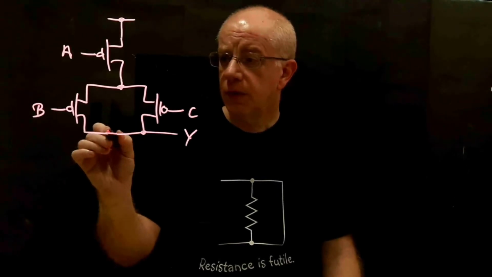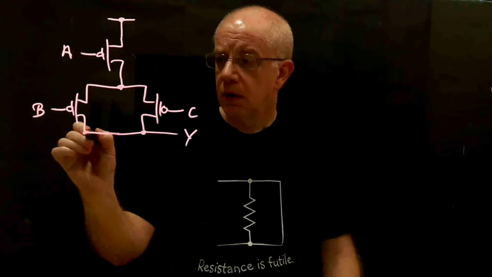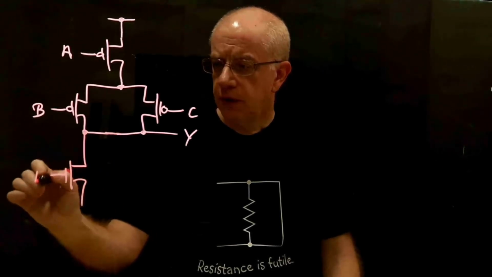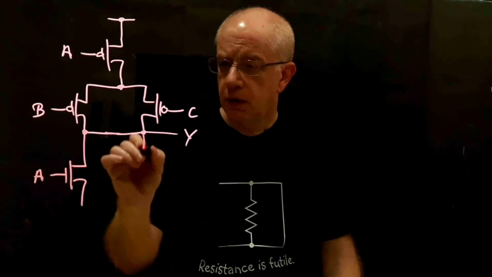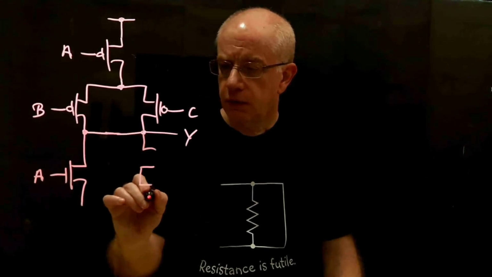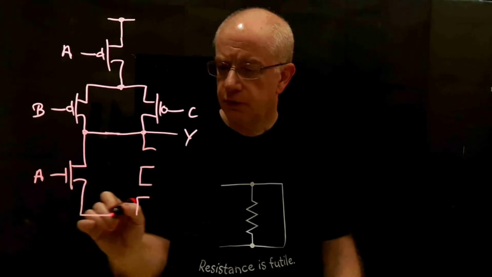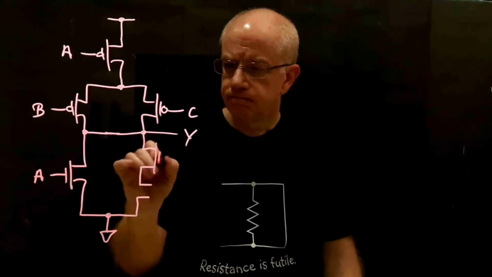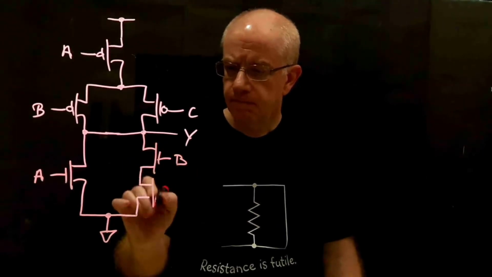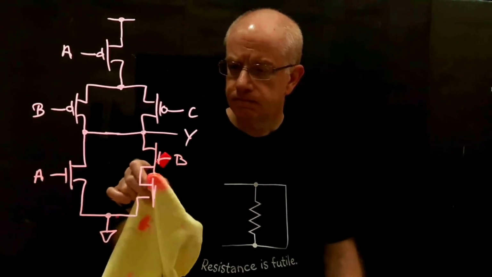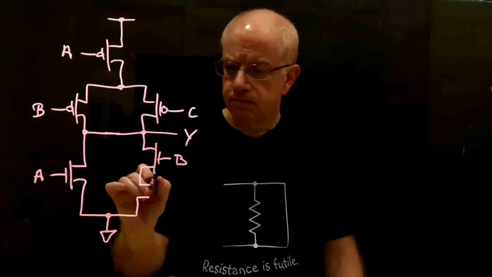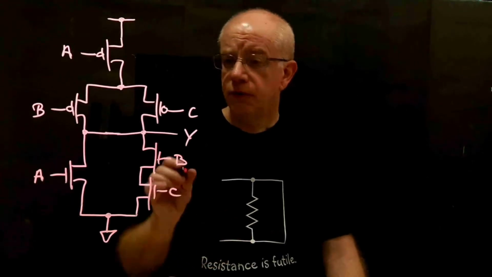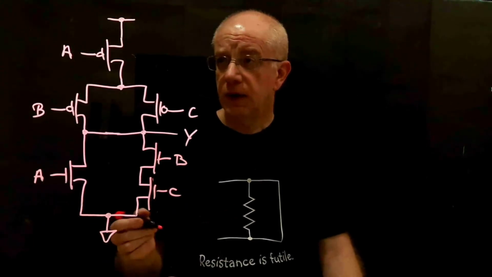So the 2 things in parallel are going to be a single transistor, which is A, and then the other thing in parallel is going to be a branch with 2 transistors in series. This is B. And C. And so this is a random gate that I just made up.